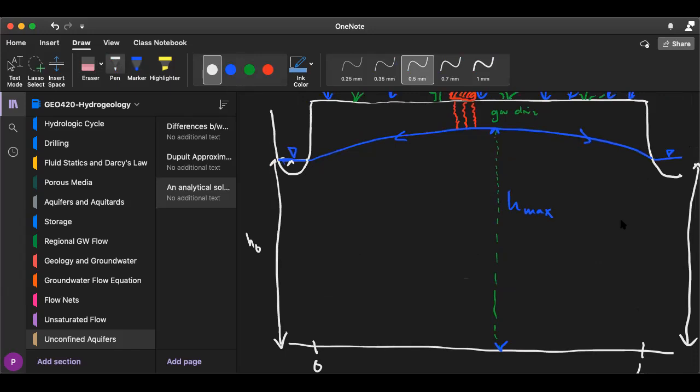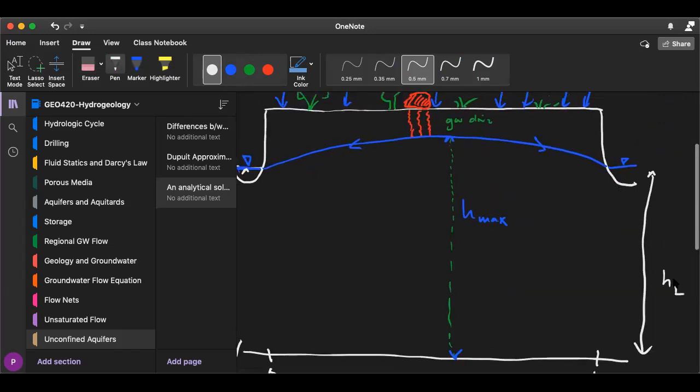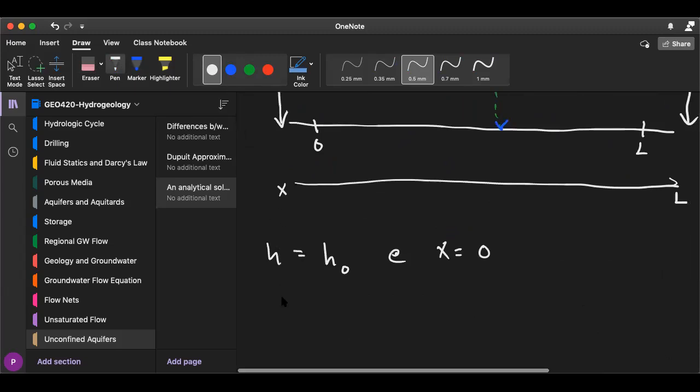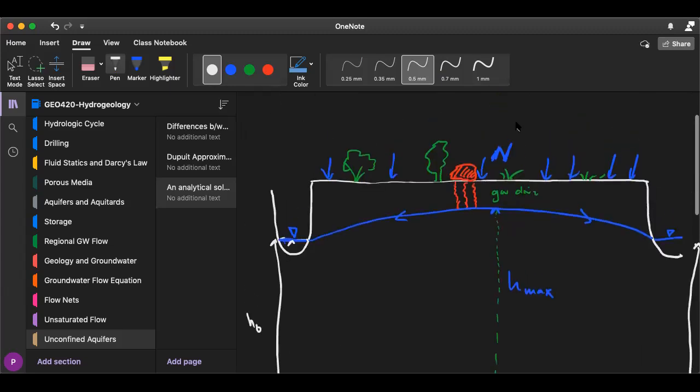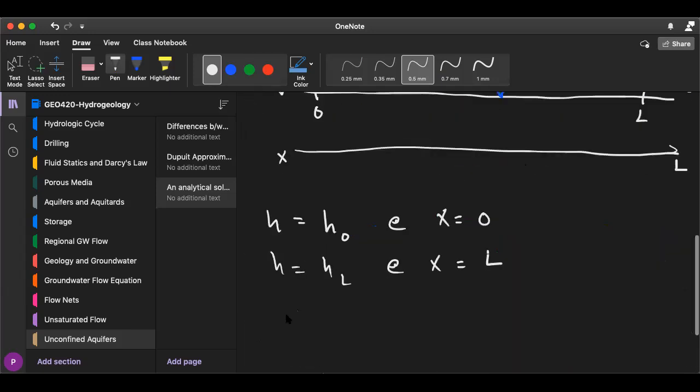My right-hand boundary condition, well, my head would be equal to H sub L at X equal to L. And my infiltration rate or recharge rate N, we're just going to say is greater than 0.